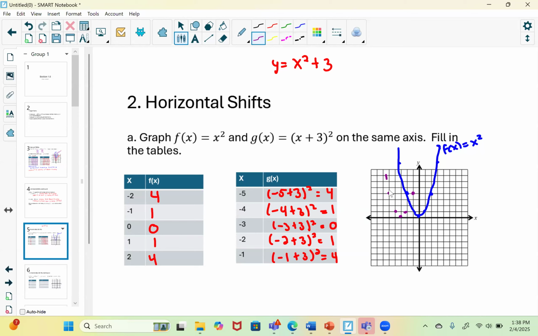Okay, so now I have them plotted correctly. So I have this parabola here.